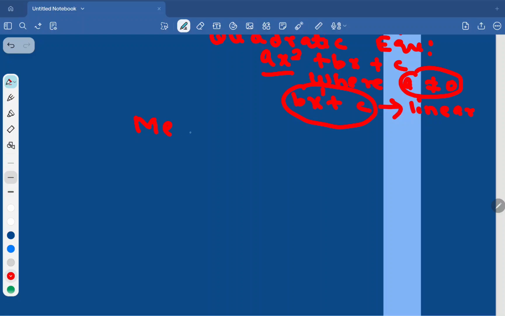Now, methods to solve the quadratic equation. First one, factorization method.